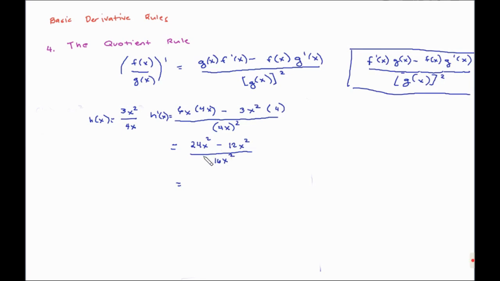Simplify ulit. So, meron tayo ditong pwedeng i-combine na like terms. We will have 24 minus 12 is 12 pa rin. 12x squared over 16x squared, which will give us the derivative.